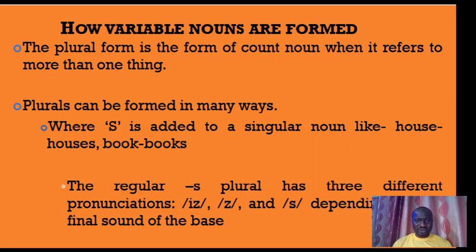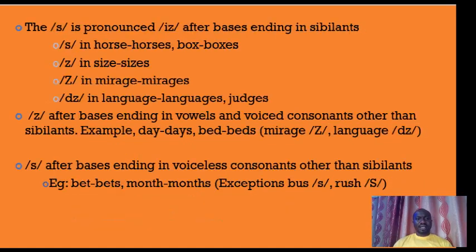So as an English student, you have to be very careful, learn this, understand them so that you may use them always when you are speaking. The iz sound is pronounced after bases ending in sibilants. In our phonology and phonetics videos, I will explain much of sibilants and others. We have horse, horses, box, boxes.